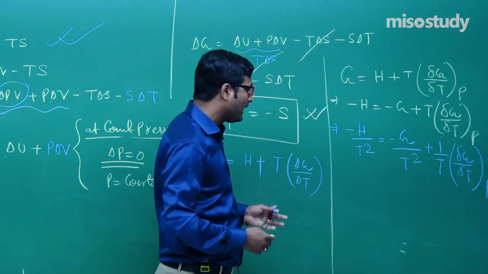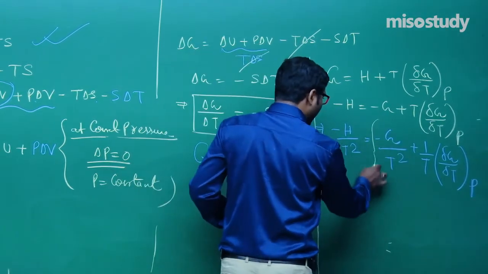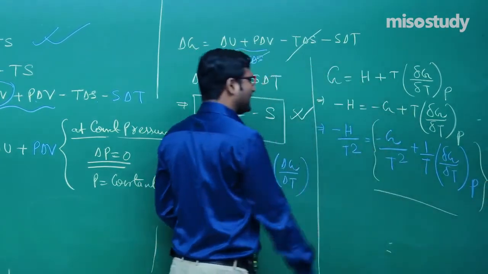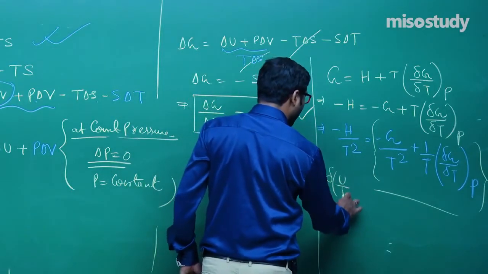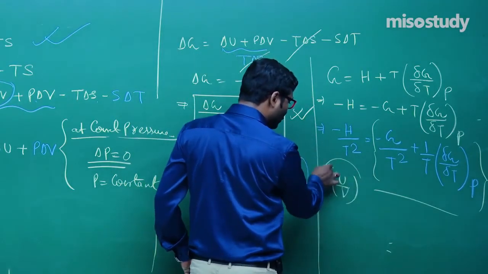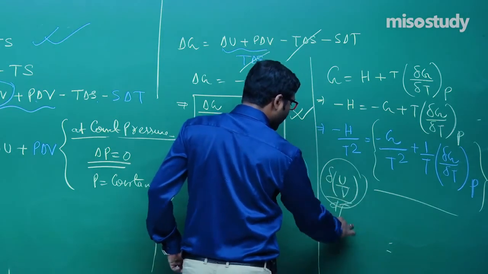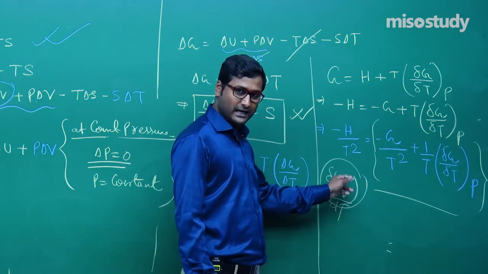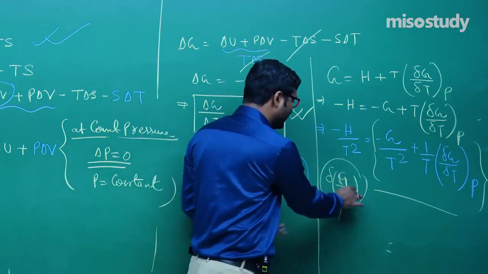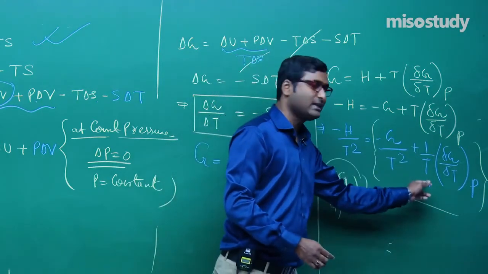Clear to you? Now look at this mathematical expression. If we know the derivative of U by V, how to differentiate? If you differentiate like this, not U by V but G by T, this is the formula, then you will get the answer.